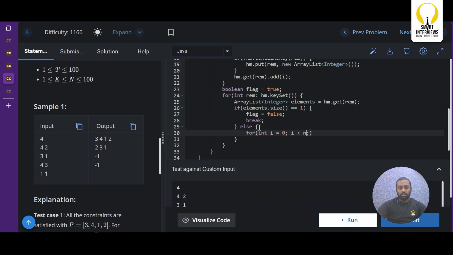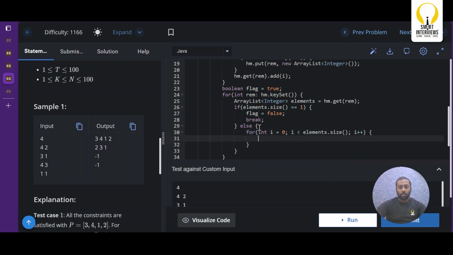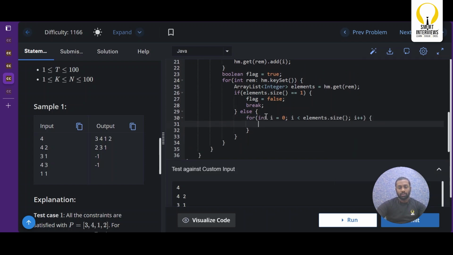For int I equal to 0, I less than n, here it is not going to be n, here it is elements dot size, I plus plus. Now since we are breaking in the if block, I need not have the else, I can directly have it here, because if the if block did not execute, I'll directly execute after the if block. If the if block executed, then I'll break it from there. So I need not worry about executing this after.